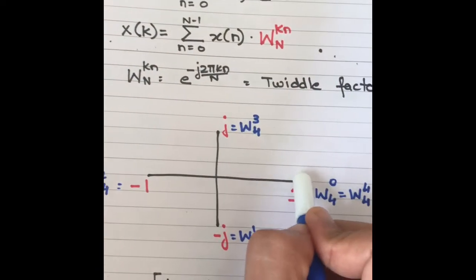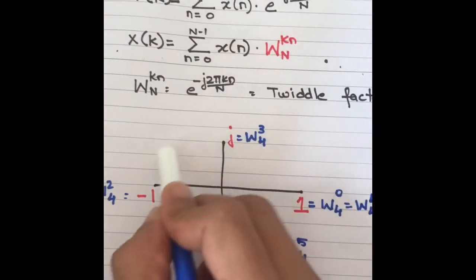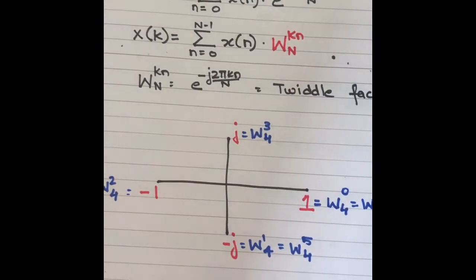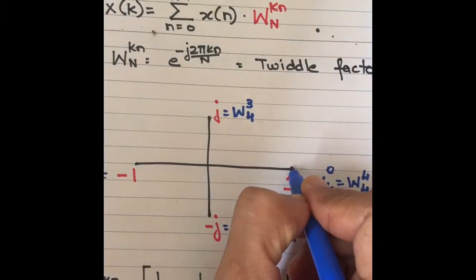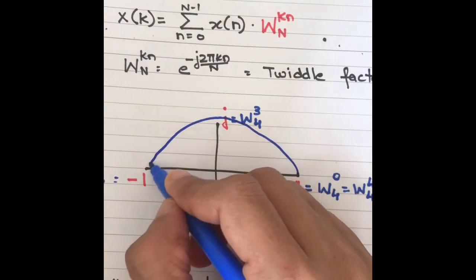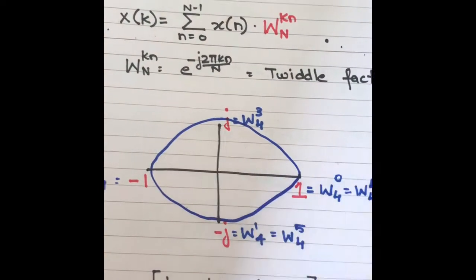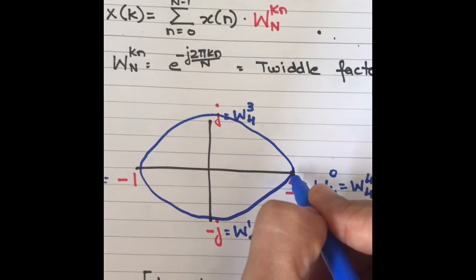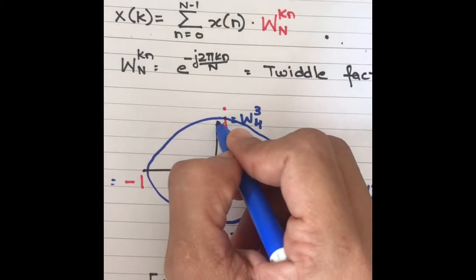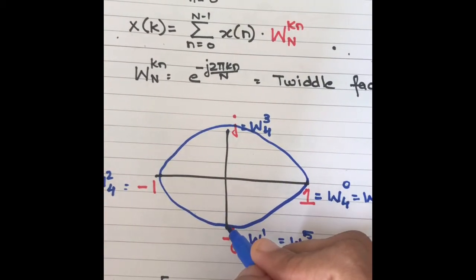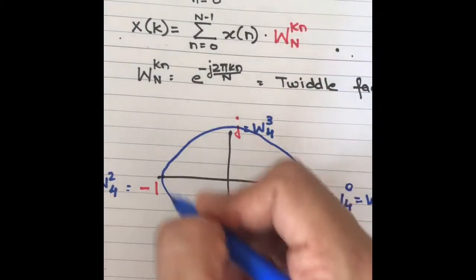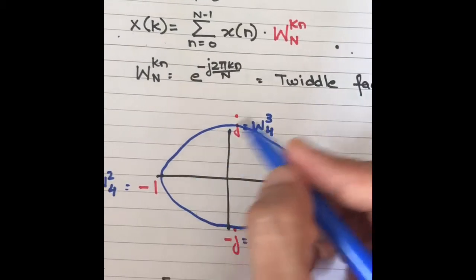Now this entire range of 0 to 2 pi can be denoted by a circle. This is omega equal to 0, this is pi by 2, this is pi, and this is 3 pi by 2, then 2 pi, and again it keeps on repeating itself.